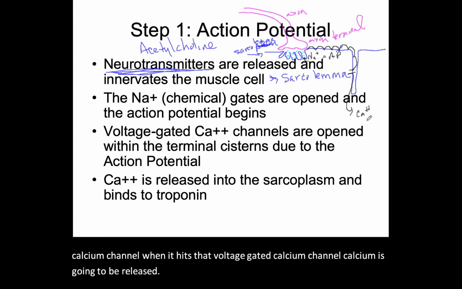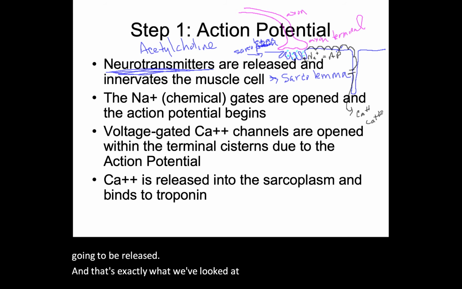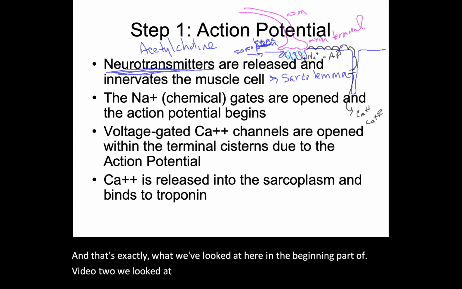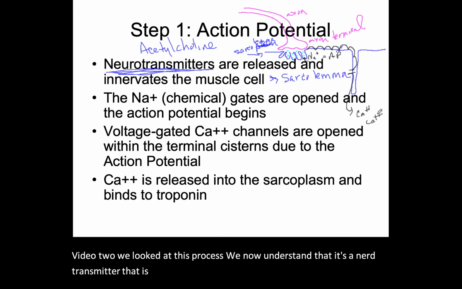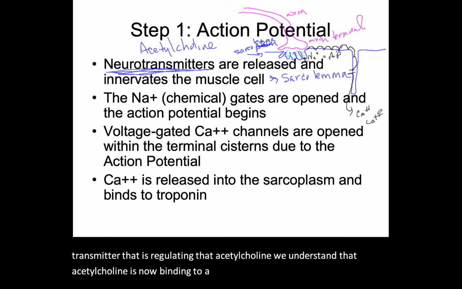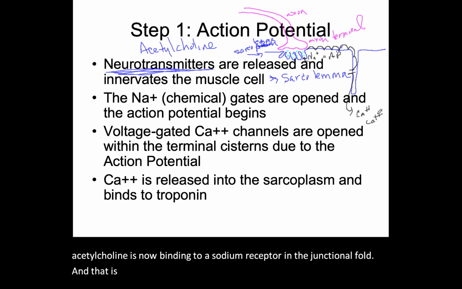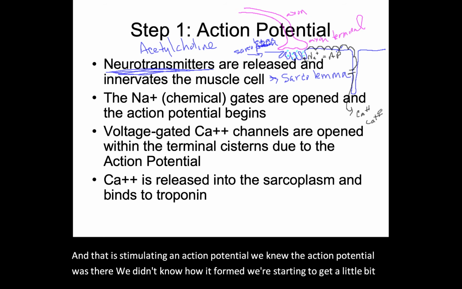And that's exactly what we've looked at in the beginning part of video 2. We now understand that it's a neurotransmitter that is regulating that, acetylcholine. We understand that acetylcholine is now binding to a sodium receptor in the junctional fold, and that is stimulating an action potential. We knew the action potential was there. We didn't know how it formed. We're starting to get a little bit better of an understanding of that.